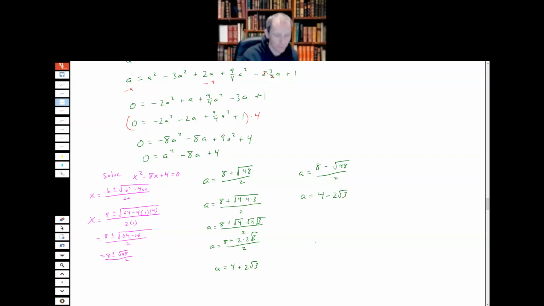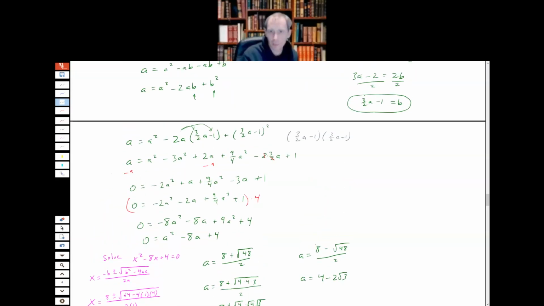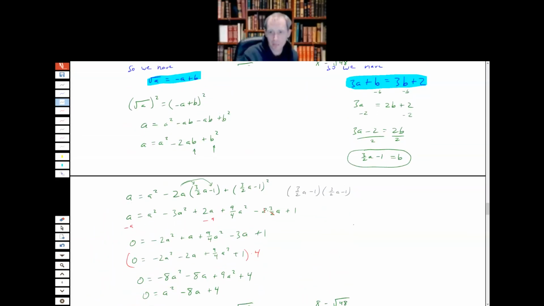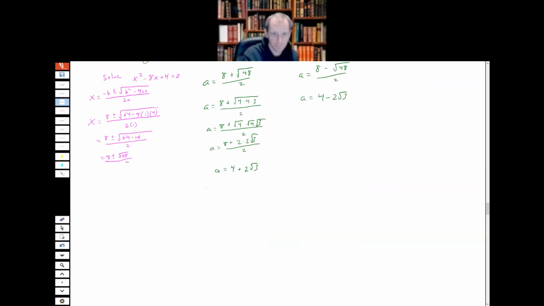Okay, so now we have a number for a. And then going back, b was 3 halves a minus 1. So that's 3 halves times 4 plus 2 root 3 minus 1. 3 halves times 4 is going to be 6. 3 halves times 2 root 3 is going to be 3 root 3.